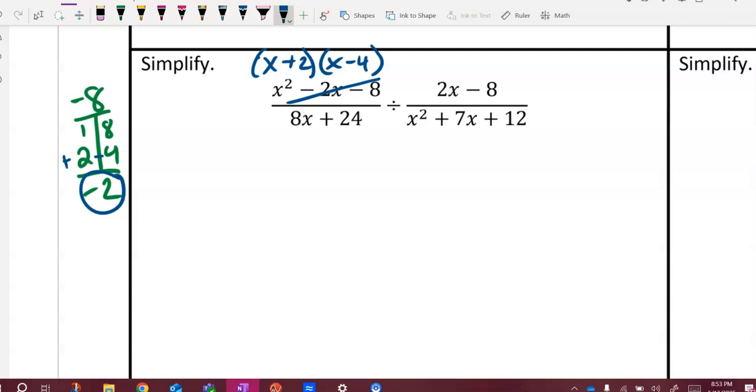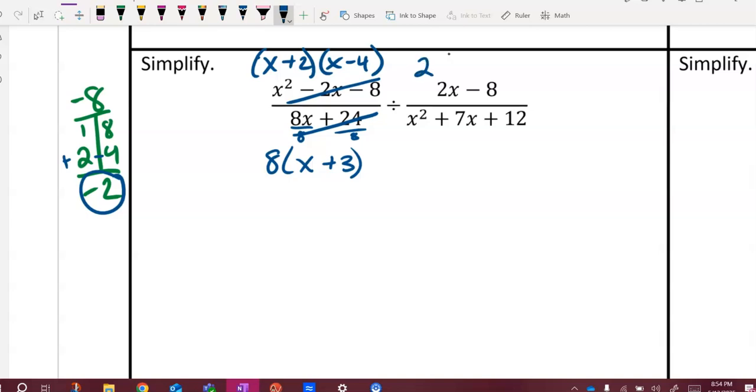Next, 8x plus 24. Is 24 divisible by 8? Yeah, so we're going to divide these by 8. Take out the 8. We're left with x plus 3. Next numerator, 2x minus 8. Is 8 divisible by 2?